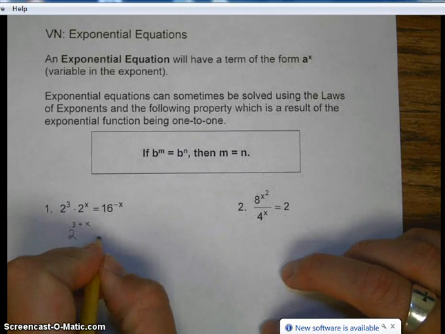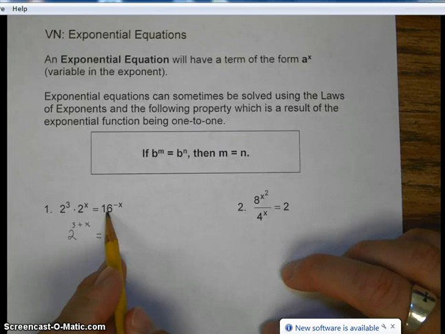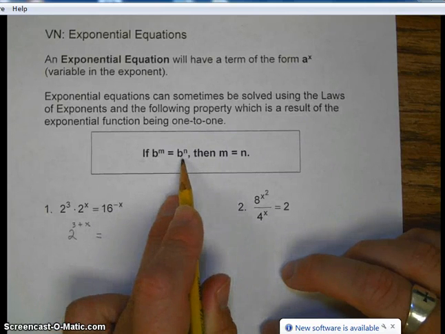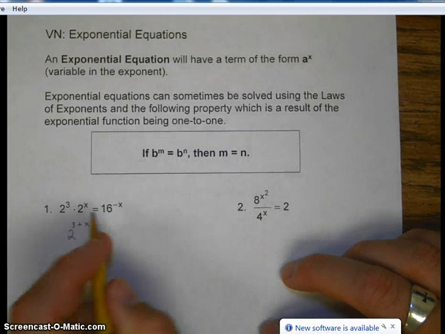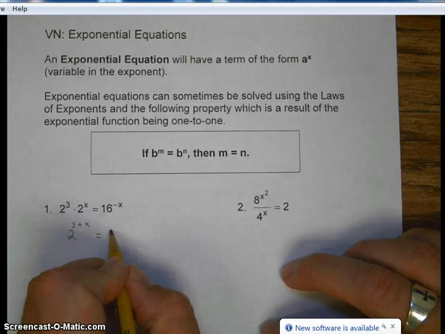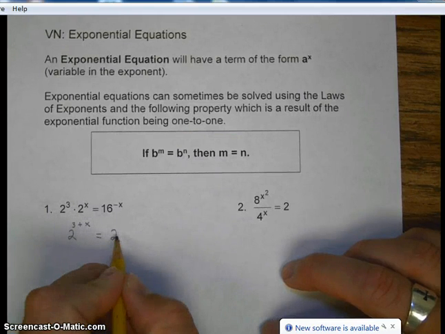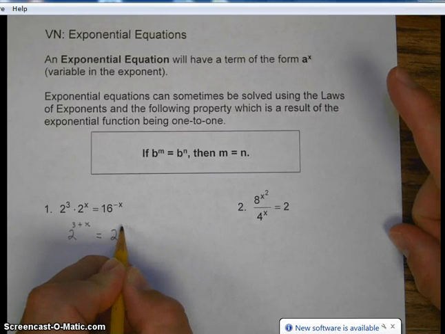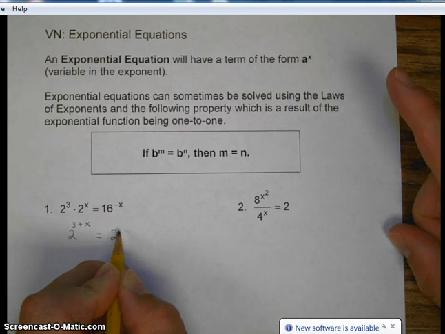On this side, notice this base is not the same as this base. Remember, for a fourth time, the bases have got to be the same. So we're going to change this to base 2. 2 to the first power is 2, 2 to the second power is 4, 2 to the third power is 8, 2 to the fourth power is 16.